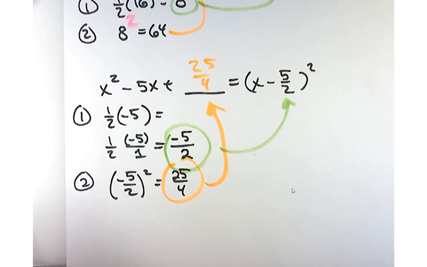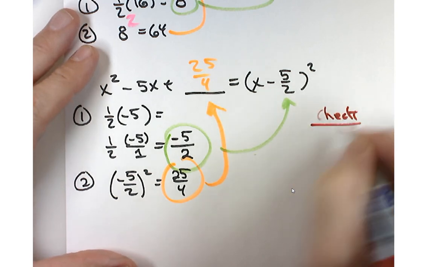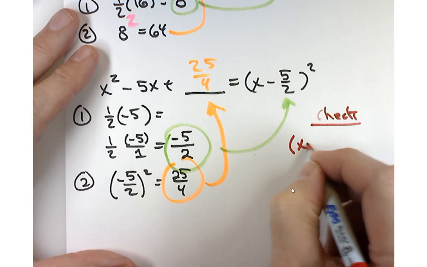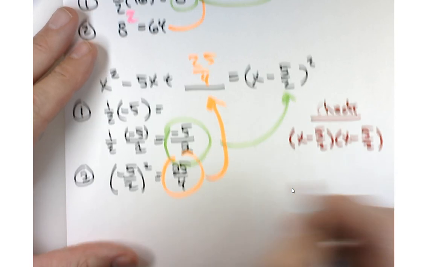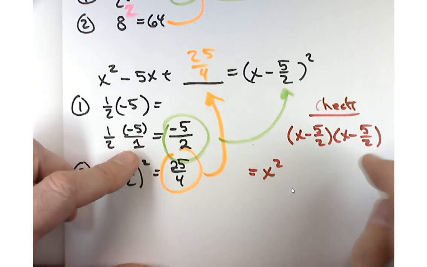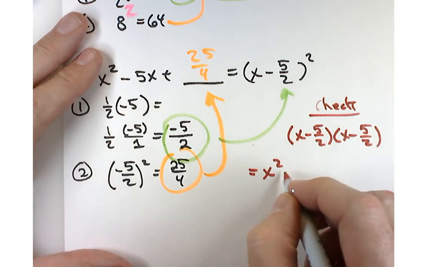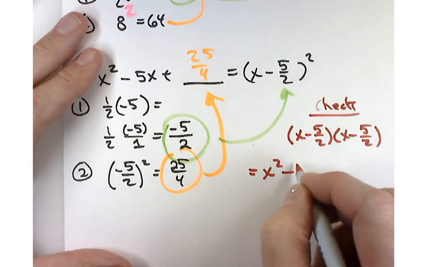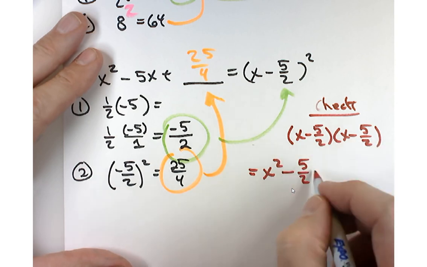Foil it. Nice. So let's check it by foiling it. So that's going to be x minus 5 over 2 times x minus 5 over 2. First terms, x squared. How about the outside terms? What do I get? Minus 5 over 2 times x.